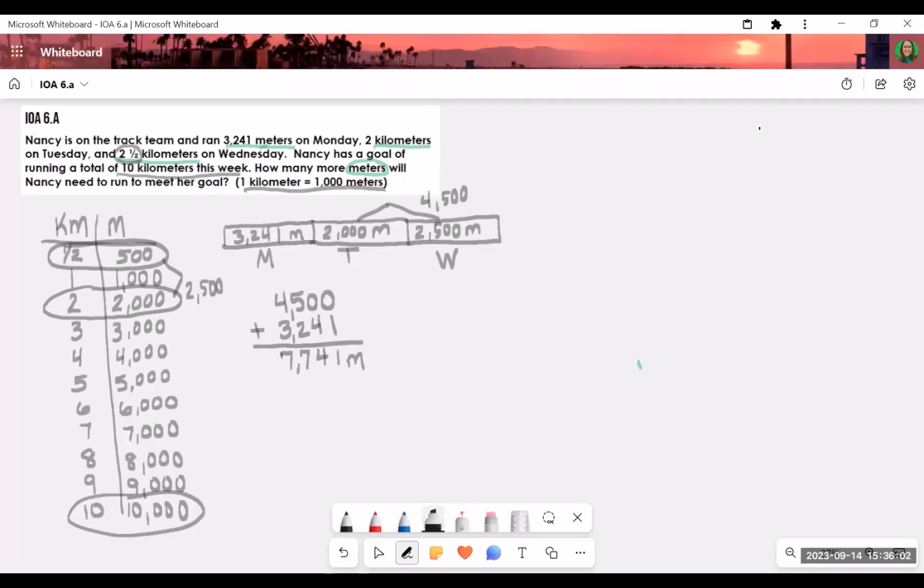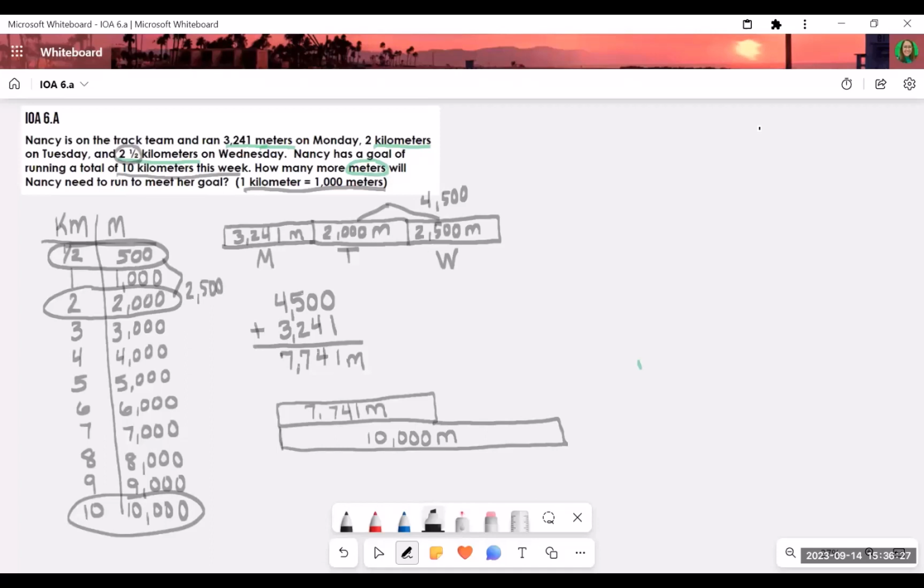So for step 2, I'm going to draw another bar model to help me visualize this. If she has run 7,741 meters so far, and she has a goal of running 10,000, I'm going to draw this bar shorter. I'm sorry, her goal was really 10 kilometers.